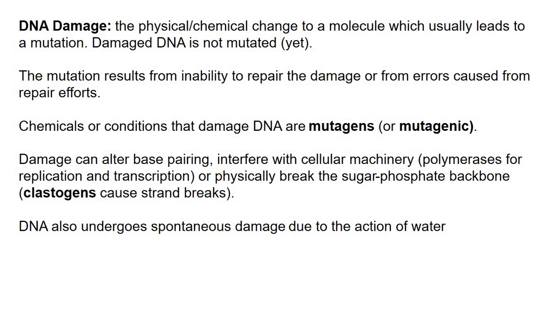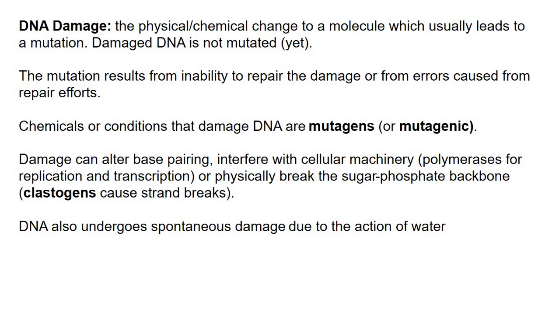Damage can alter base pairing, it can interfere with cellular machinery, so polymerases or transcription or replication. It can physically break the sugar phosphate backbone. Clastogens usually do that. They break the DNA strands. Benzene is a good example of a clastogen.